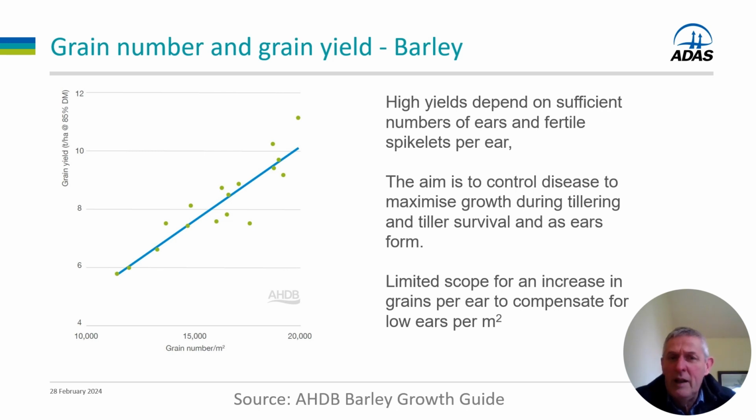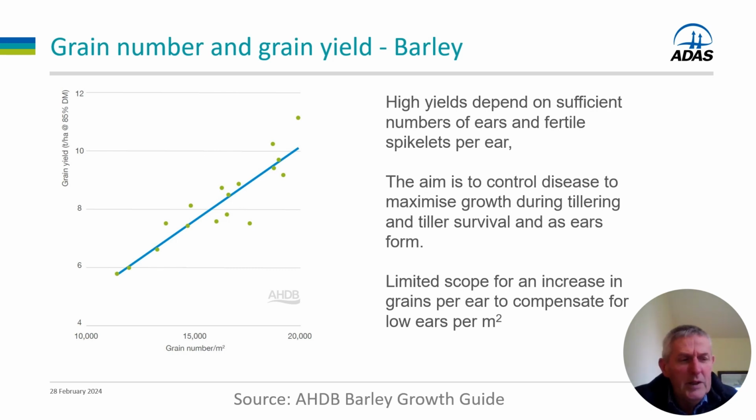So in barley, high yields are dependent on sufficient numbers of ears and fertile spikelets per ear. The aim is to control disease to maximise growth during tillering and tiller survival and as ears form, and there's limited scope for an increase in grains per ear to compensate for low numbers of ears per metre squared.